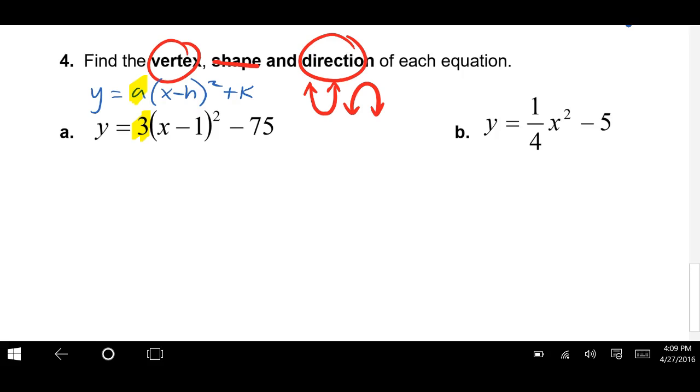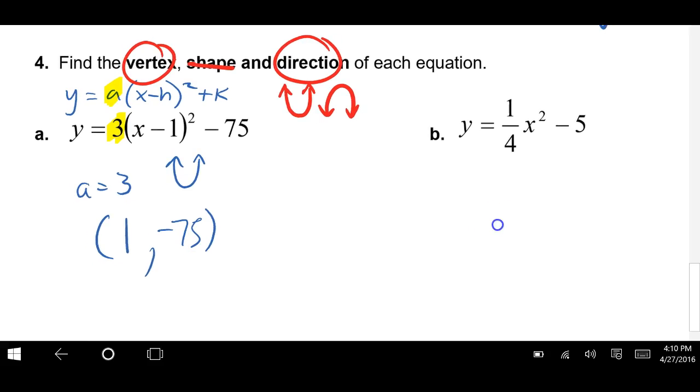If it's positive, it opens up. And a is positive 3, so it opens up. And then the vertex, remember, x is a liar, so the x value is not -1, it's +1. And then the outside value k goes here as the y value, -75.